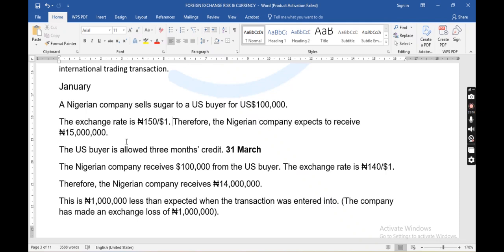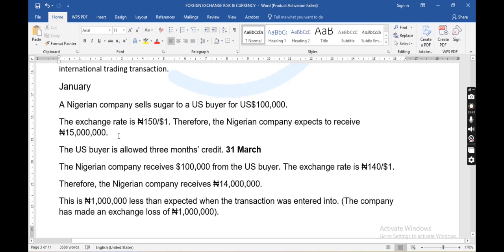But something came up as a result of some adjustments in our economy, and when the buyer wants to pay, the exchange rate is now 140.